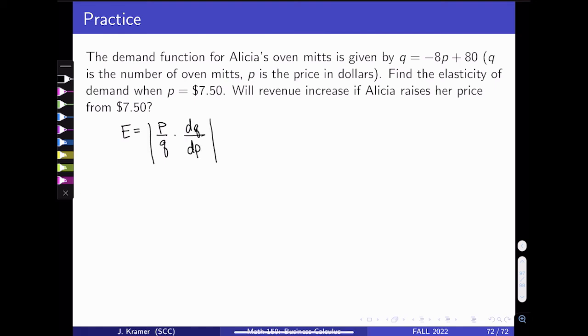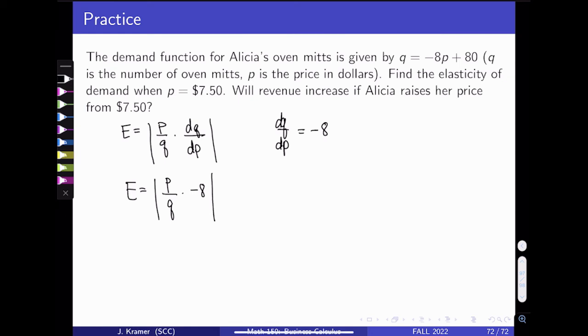So we'll need to find the derivative of our demand function with respect to price. This ends up just being negative 8 since our demand function is a linear function. So in general, the elasticity is P over Q times negative 8.